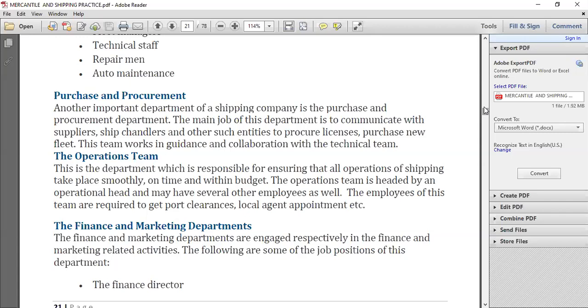For example, if the purchase or procurement department wants to purchase a new ship, they cannot just decide on their own and go and buy a ship. No, they must coordinate with the technical department, because it is the technical department who will give them the specifications of the best ship according to the business which they want to perform.